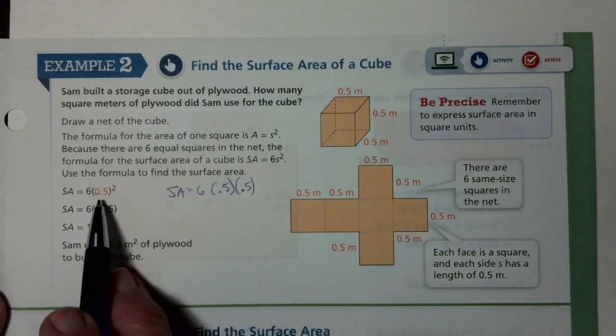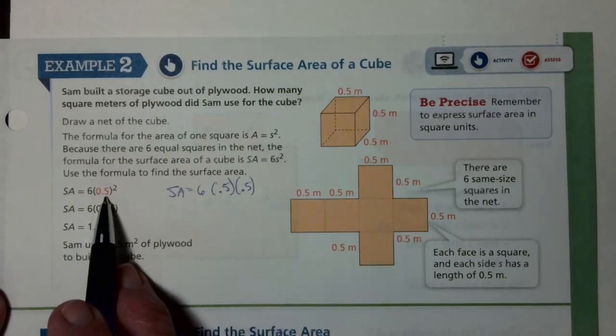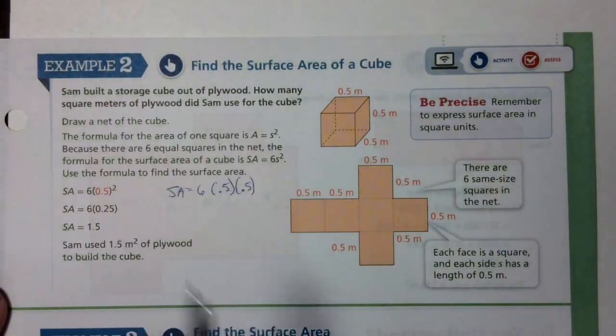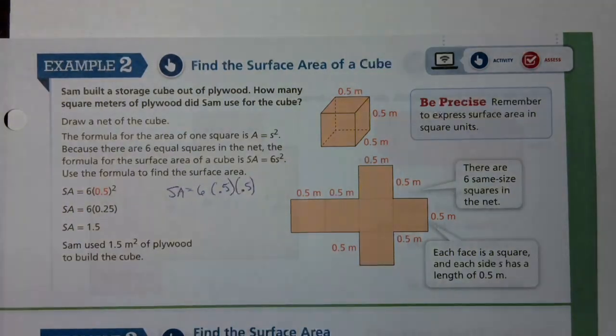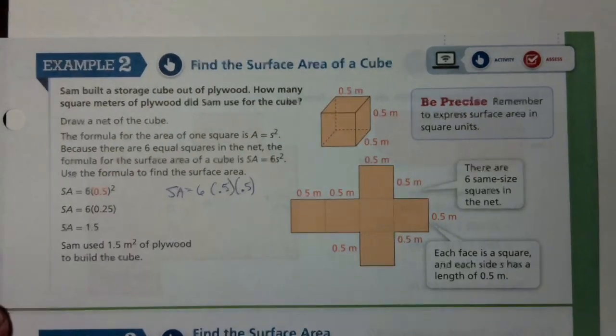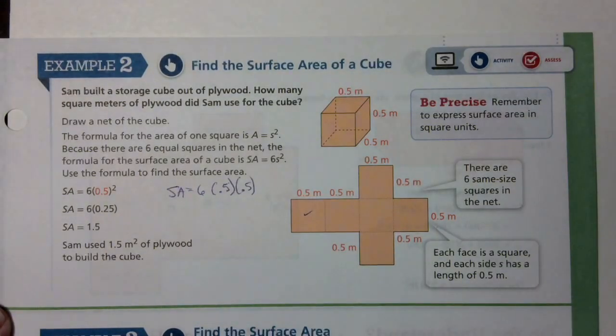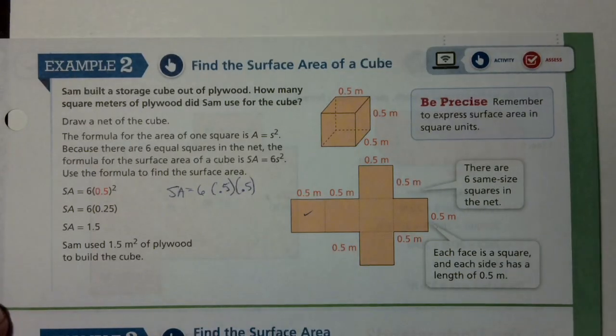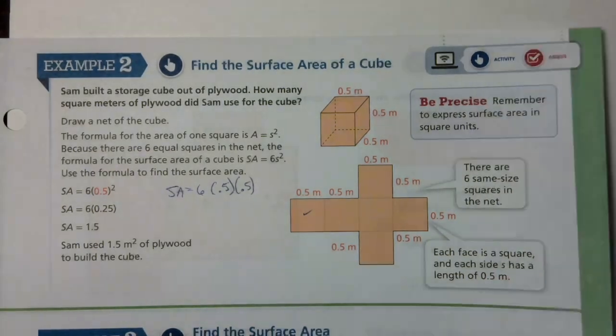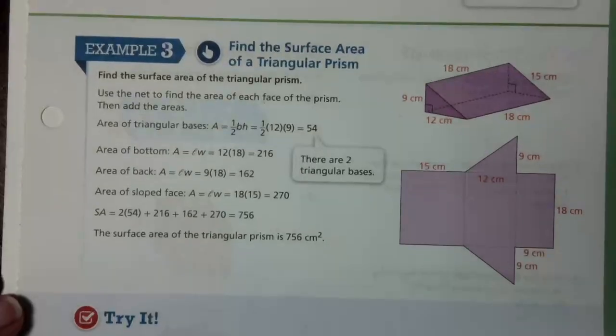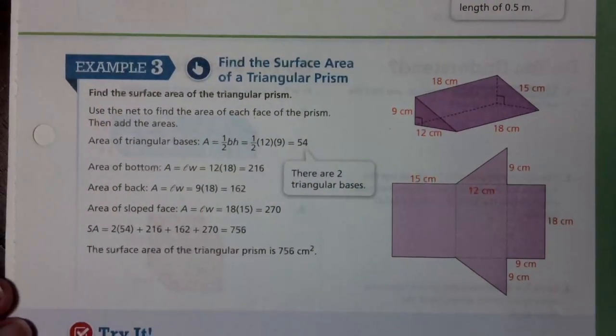Could it be written as that number squared? And the answer is yes. Okay? So if it's a cube, you're going to find the area of just one of them and then multiply it by 6. Okay, keep that in mind. It's a shortcut. We like shortcuts. All right, look at example 3. This is a triangular prism.